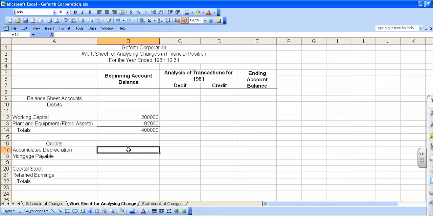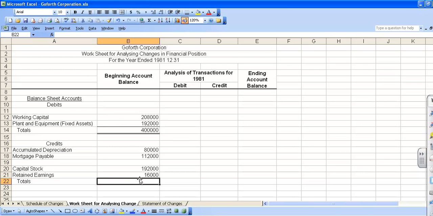Okay, and then we're going to put in our credits. So our accumulated depreciation is 80,000. Our mortgage payable is 112,000. Capital stock is 192,000, and retained earnings is 16,000.